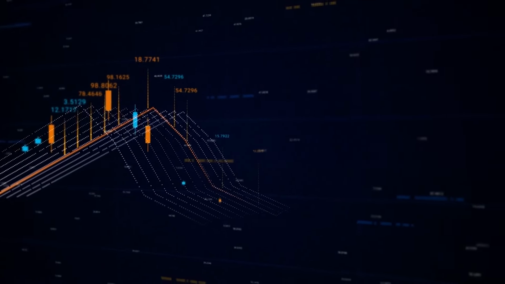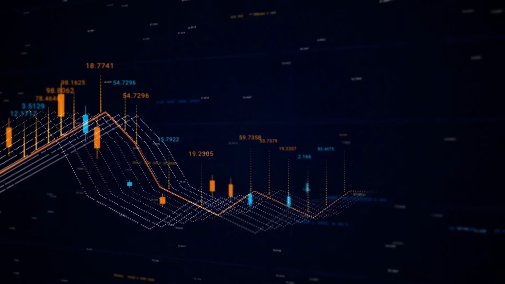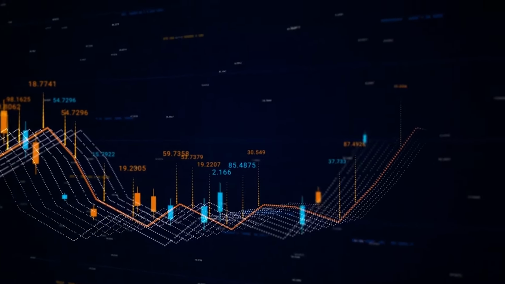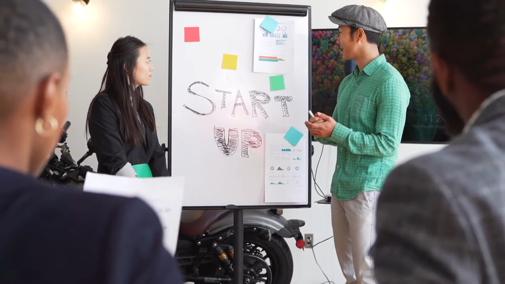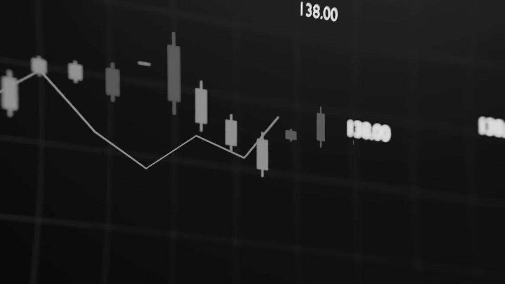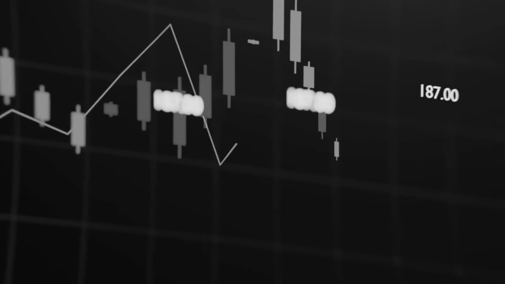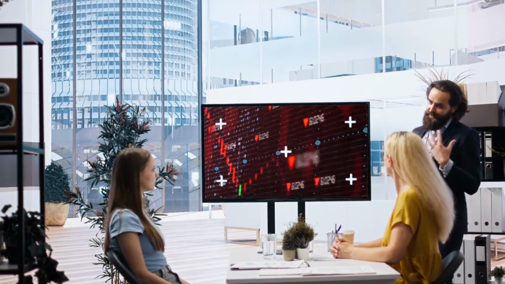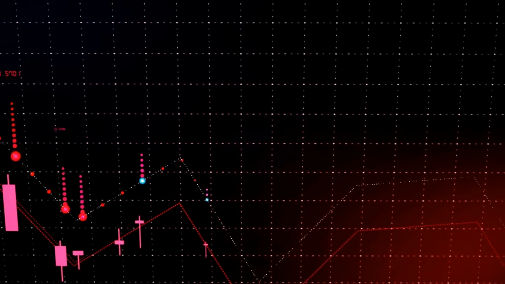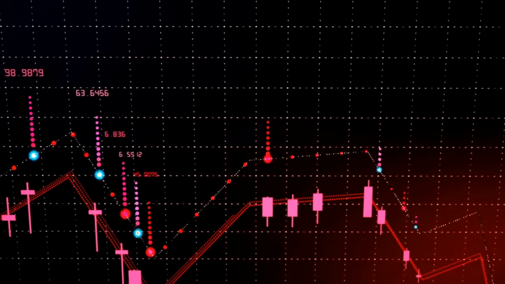If the stock price doesn't move as expected before the option expires, the investor loses the premium paid for the option. Premium loss: when you buy an option, you pay a premium. If the option expires worthless, the premium is lost. Unlike stocks, which can be held indefinitely, options have a limited lifespan.